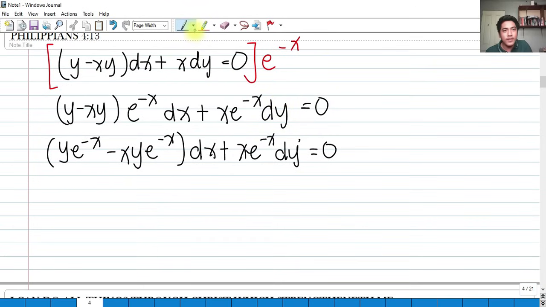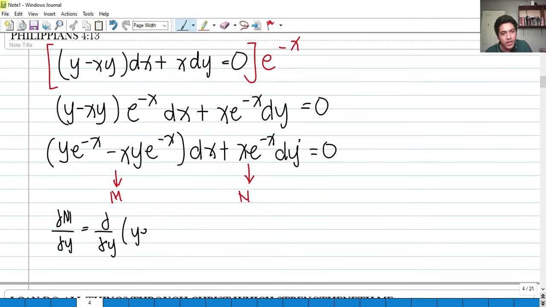Upon multiplying, this would now be our new M, and this would now be our new N. So let's test for its exactness. The partial of M with respect to y is the partial with respect to y of y e raised to negative x minus xy e raised to negative x.